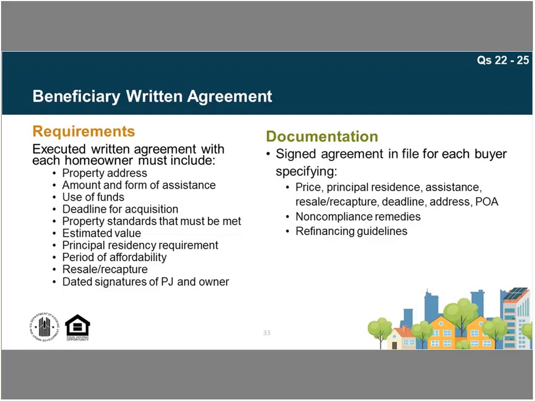But for most homebuyer assistance, if you've completed the Tier 1 and the Tier 2 checklist and it does not raise any issues, you should be able to convert it to exempt and proceed. So it shouldn't slow you down, but you also should have that determination in hand before you execute the written agreement.